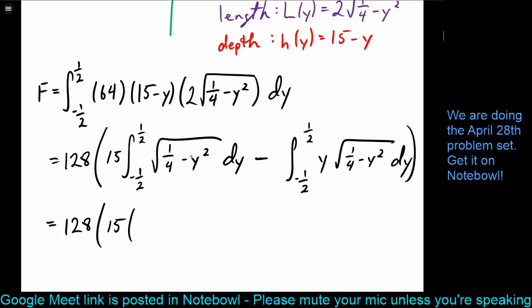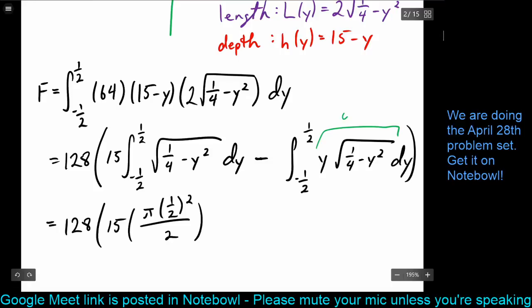The area of a semicircle is pi r squared over 2, so this is pi times 1/2 squared over 2. This other integral here is an odd function. Since that's an odd function, that integral is 0. Pretty good, huh?